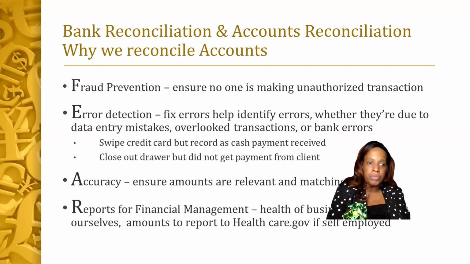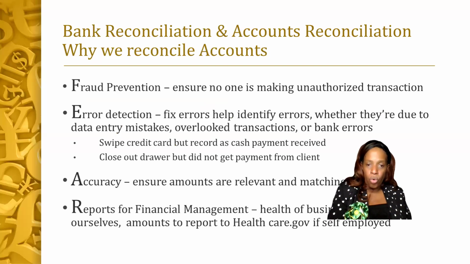Now, the first thing I have here is why we reconcile: account fraud. Ensure no one is making unauthorized transactions. Many of us have seen it. People come, make a fraudulent transaction on our Amazon. They make a fraudulent transaction on our bank account. So we have to make sure those fraudulent transactions are not showing up in our records.